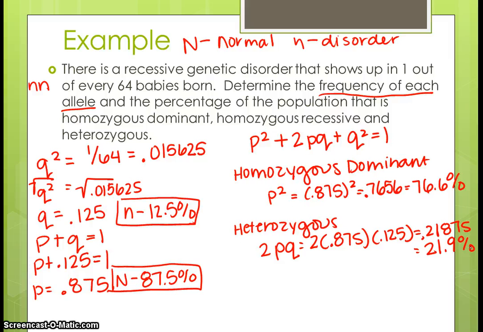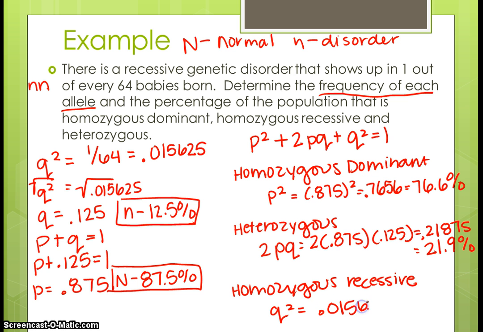We've already figured out the homozygous recessive, because homozygous recessive is what we started our problem with. That would simply be Q squared, which we already know equals 0.015625, or approximately 1.6% of the population.